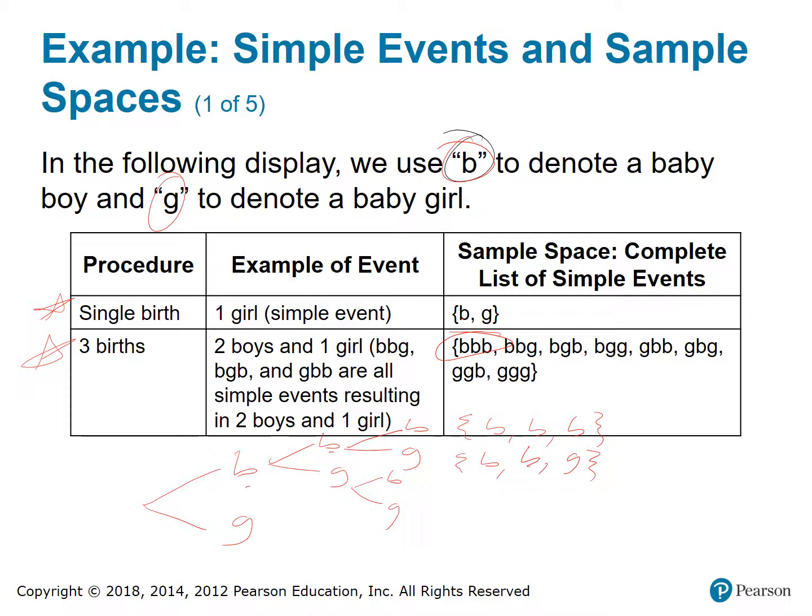And then we have boy, girl, boy. I can keep going with this, but I think you guys are getting the idea. Basically you can create this map, this tree, and as you go further out, you get all the events listed in this way. All right, any questions?